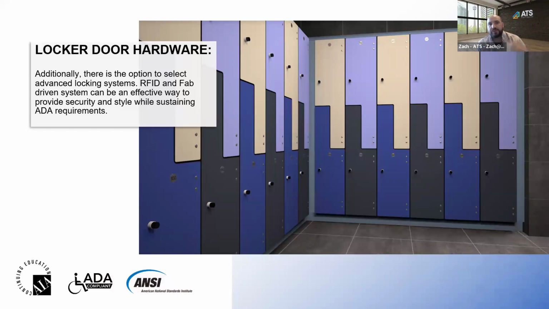So again, there's ways to kind of go above and beyond. And we also have some other options to choose from. So we have some automatic lock-in systems. So can also be an option, while also complying with ADA.